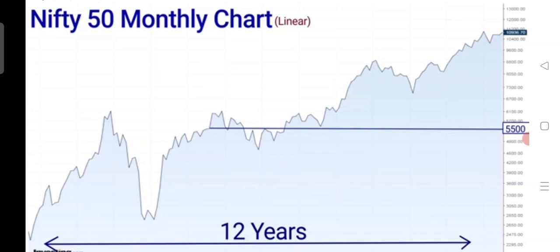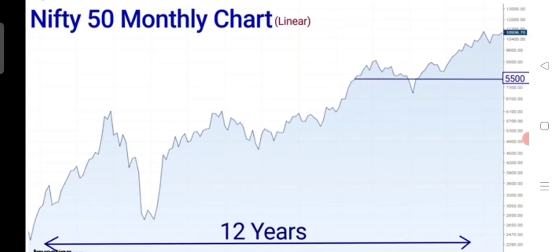And now the move from 2014 onwards to 2018, we see again from 5000 odd levels or 6000 odd levels to 11,000. So they look almost similar because the journey from 2200 to around 6000 is around 4000, and again from 6000 to around 11,000 is around 5000. So they look almost similar.